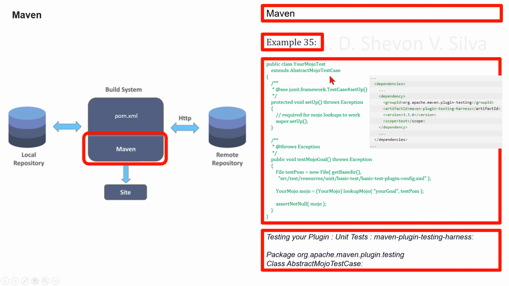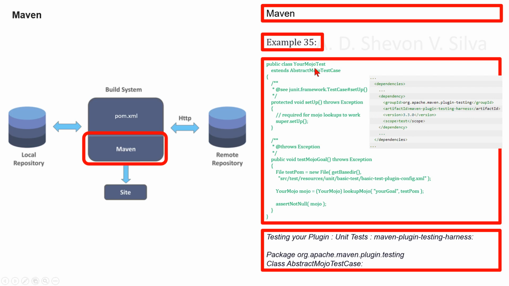The Maven plugin testing harness is explicitly intended to test the Maven reporting abstract Maven report execute implementation. In general, you need to include the Maven plugin testing harness as a dependency and create a Mojo test.